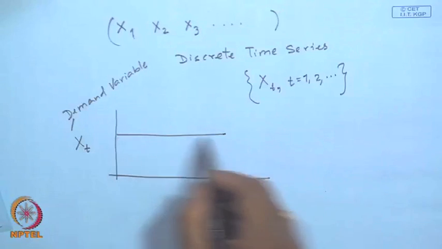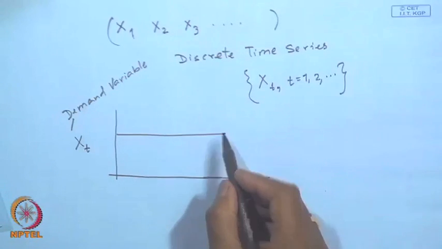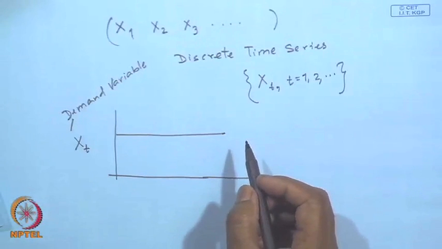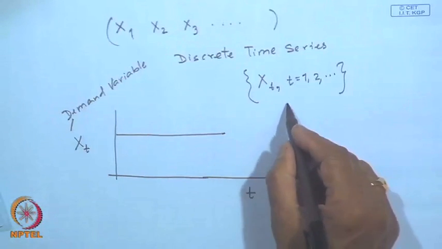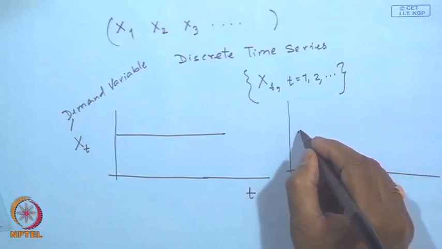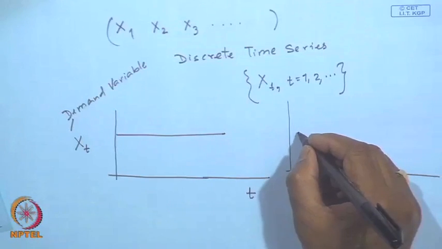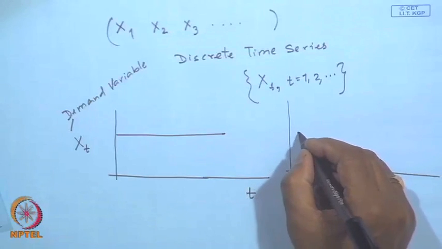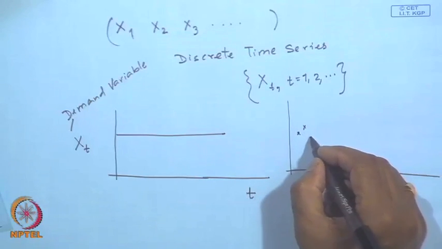And it is unlikely that it is constant; at least we should expect that there will be certain random fluctuations around this constant value. So, we might expect values such as this.